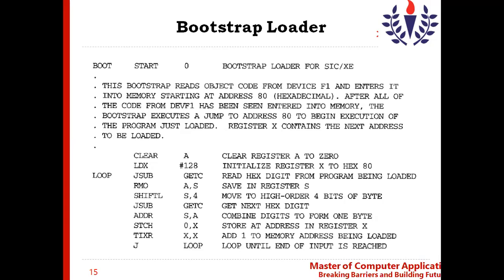When we have the GETC function, the character will be stored again into the accumulator. So now one more character will come. The previous character we already shifted or moved to the S register.